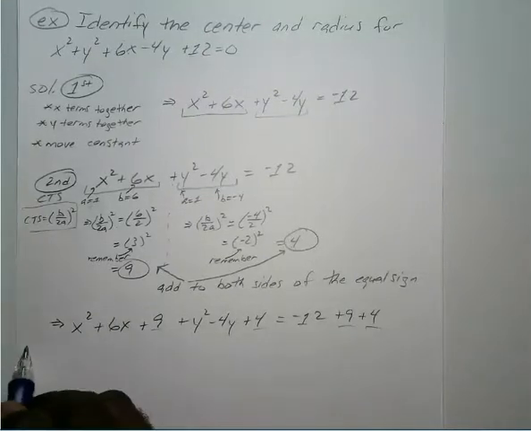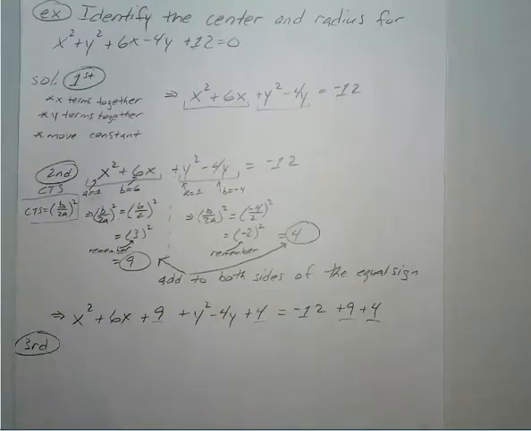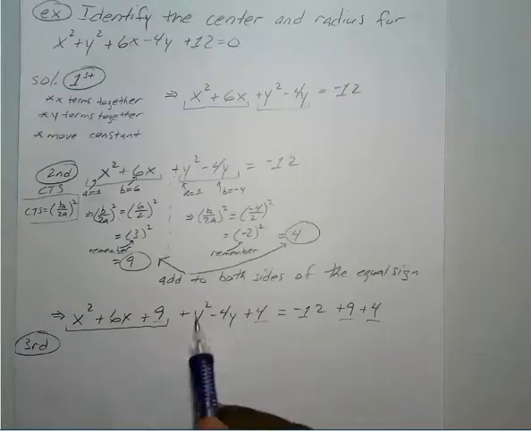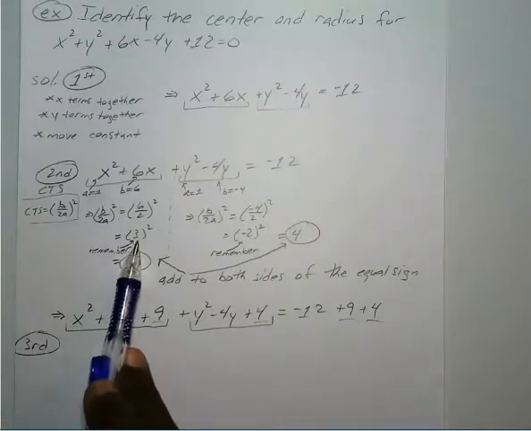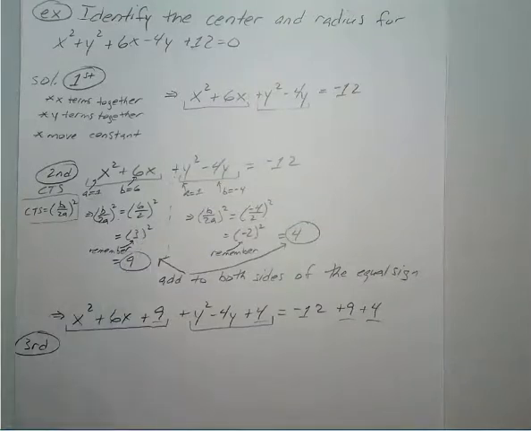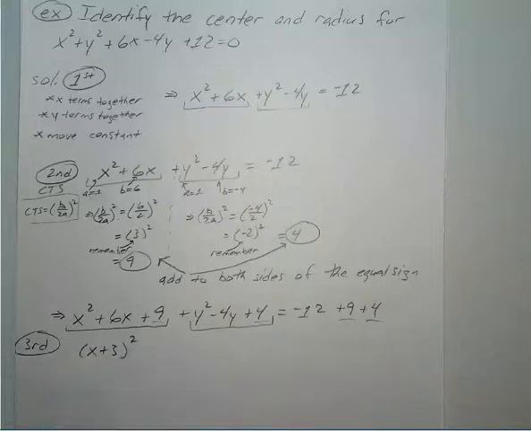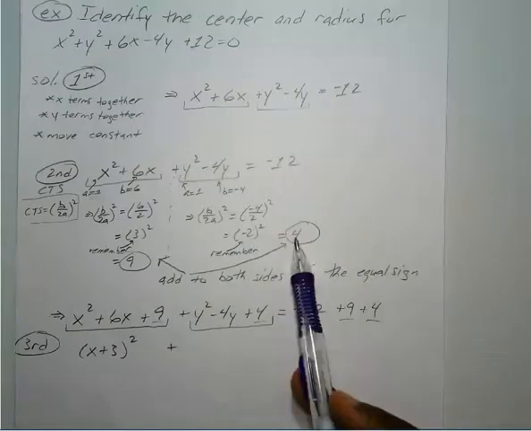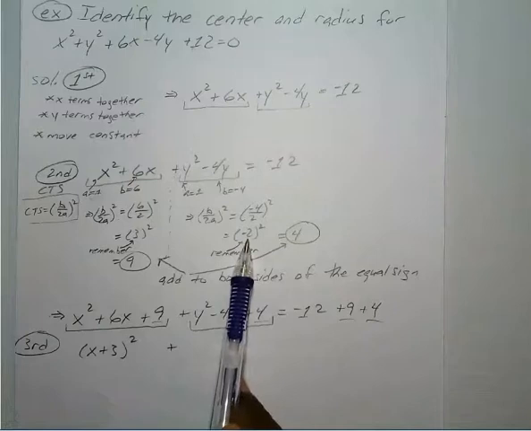Okay, so that brings us to our third step, which is a perfect square trinomial. So now you put these three terms as a perfect square trinomial. For your x value, if you remember your 3, that's why I told you to remember that value before you apply the square. That becomes x plus 3 squared. Plus, remember here you had that 4, but I told you to remember that negative 2.